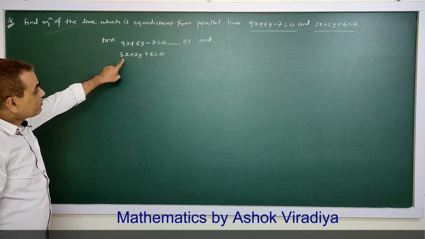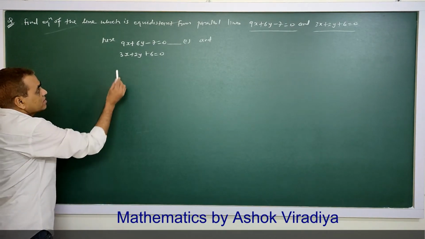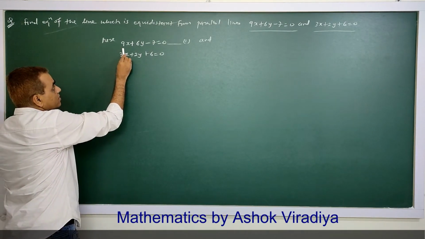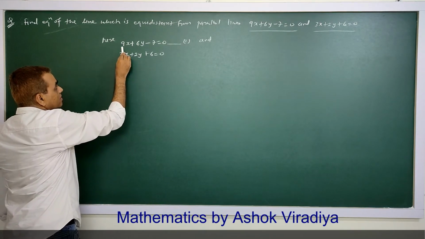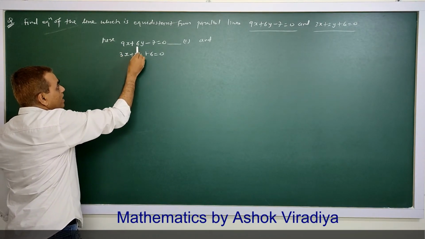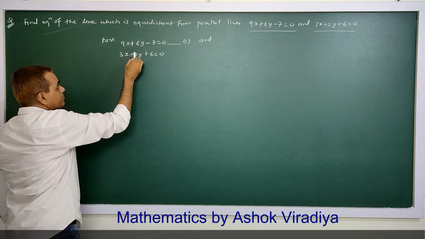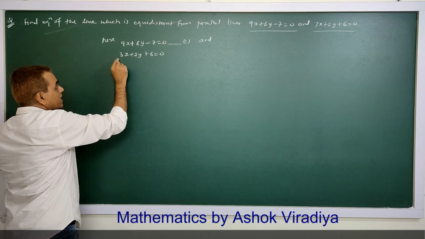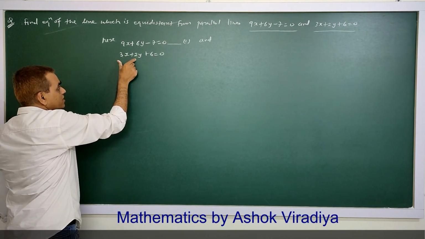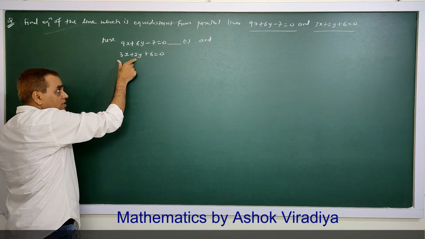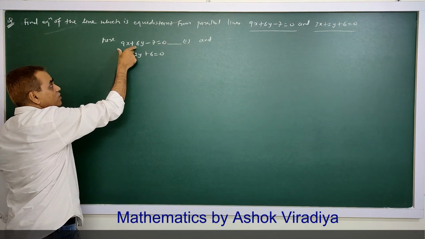Now observe the second equation. You can see that the ratio of coefficients of x and y is the same. So we can convert this into the same form as the first equation.